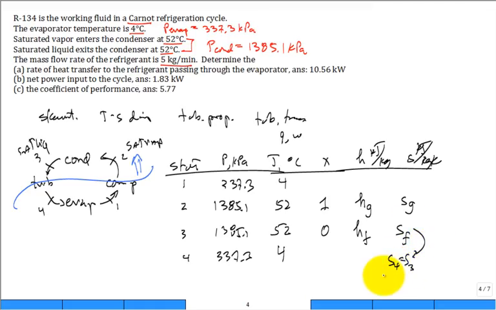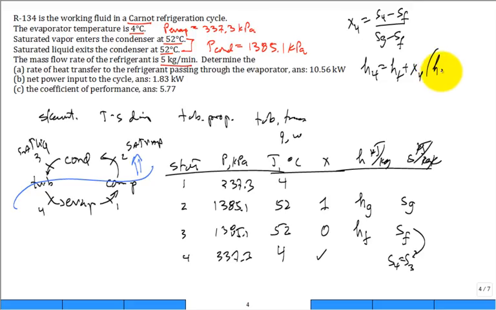Now knowing s4, we can get the quality at 4: s4 minus s_f divided by s_g minus s_f. Have you done enough of these? Yeah. And then you would get the quality. Then knowing the quality, you would get h4 is equal to h_f plus the quality at 4 times h_g minus h_f, or h_fg, either one.